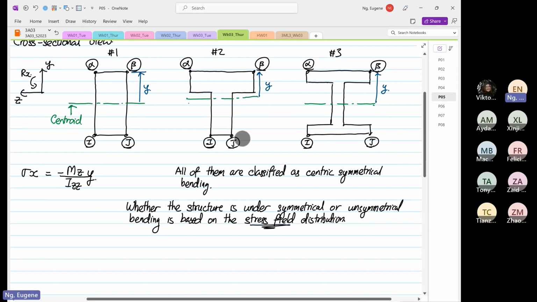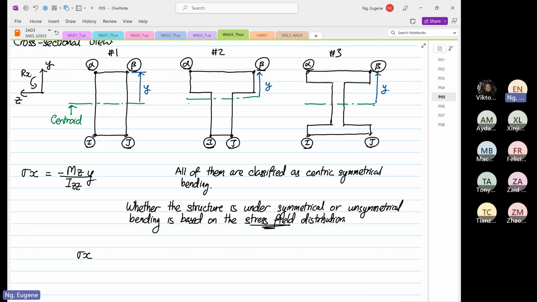Why do I say that? If you look at number 1, stress X at point alpha is equal to minus Mz over Izz multiplied by what?